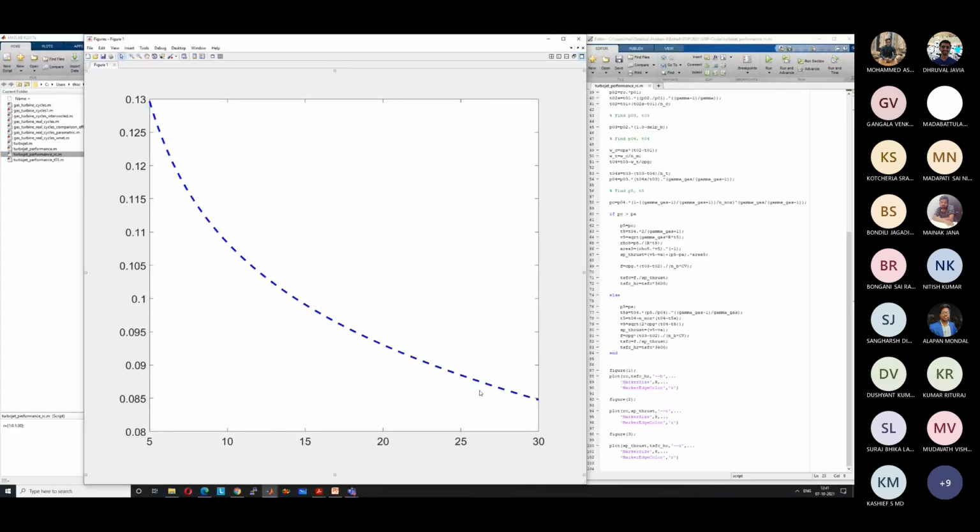What happens with increasing pressure ratio?